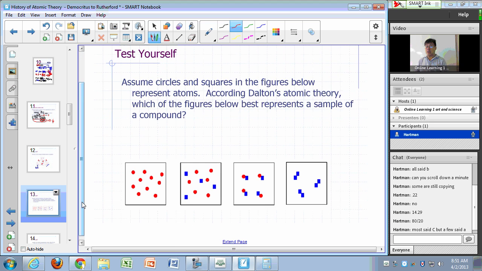How about this one? Assume circles and squares in the figures below represent different kinds of atoms. A circle will be a different kind of atom from a square.